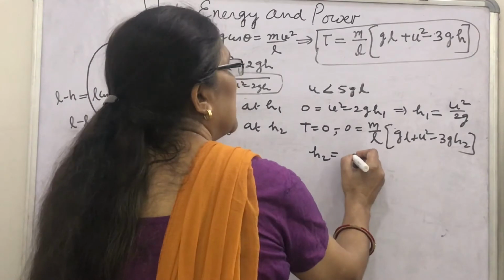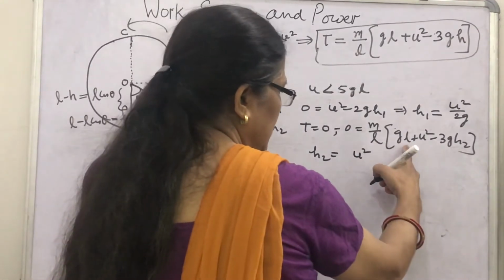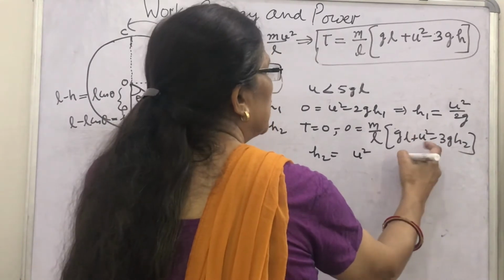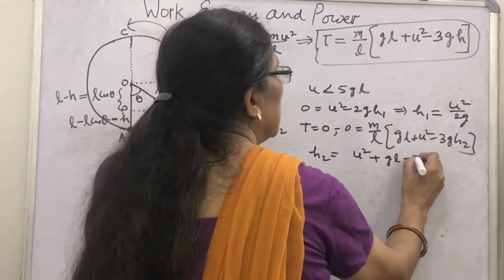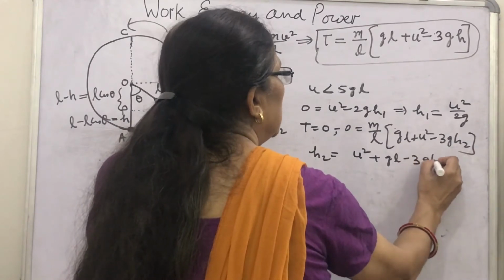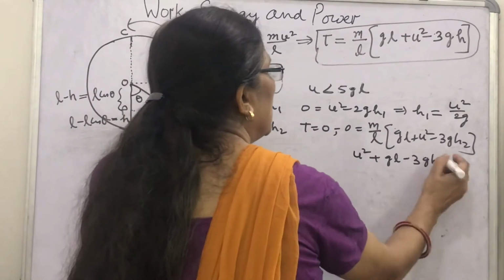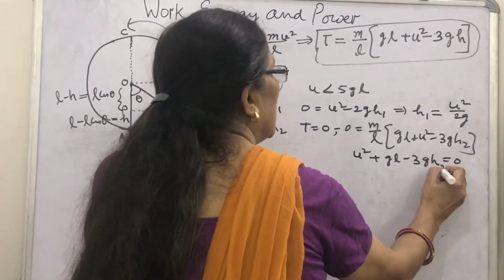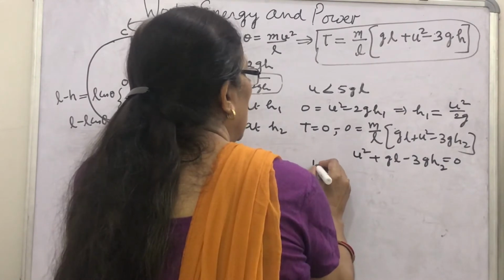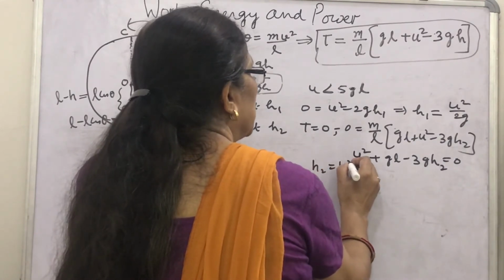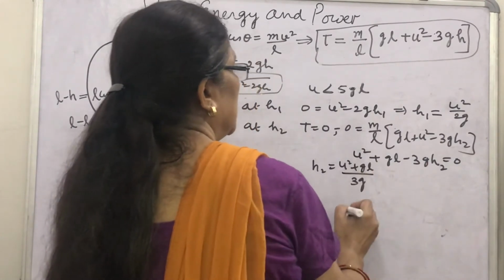So you will get GL plus u square minus 3gh2 equal to 0. Then what will h2 be? h2 will be u square plus GL upon 3g.